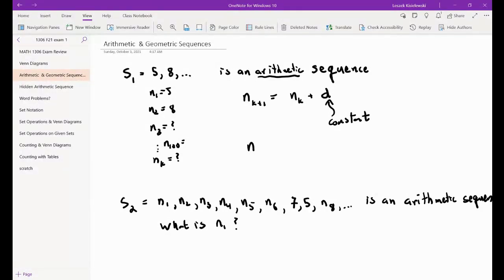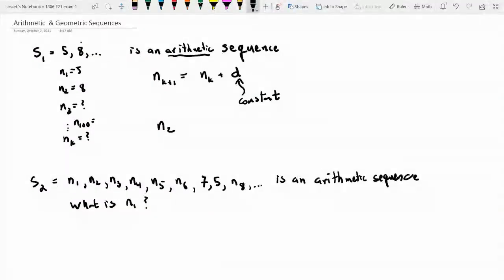If you know that n2, for example, is n1 plus some constant, then that's easy enough to compute. The difference is simply the difference between any two consecutive terms.